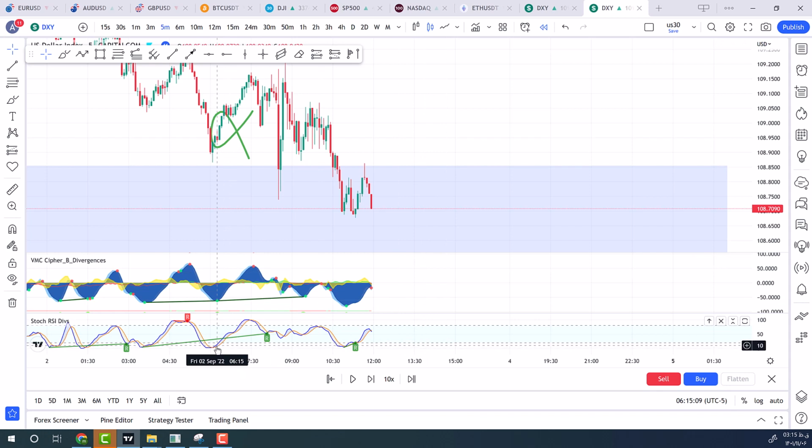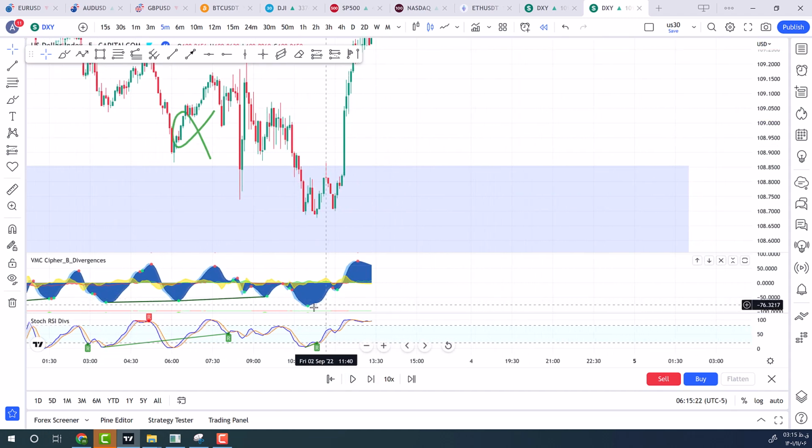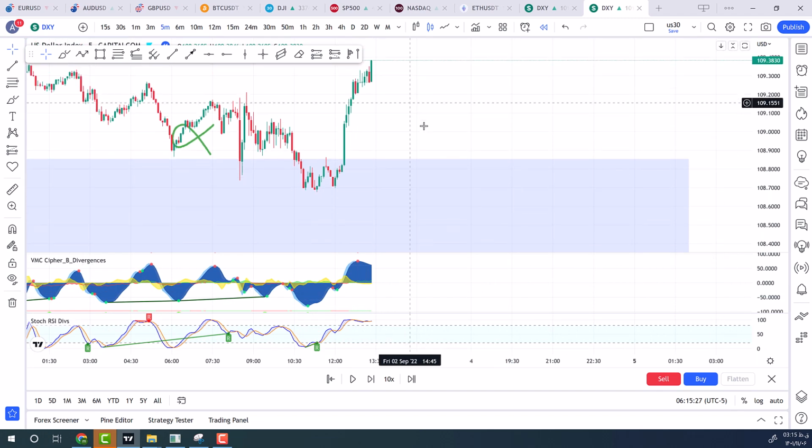It's better for both indicators to show divergences. This stochastic RSI is showing a divergence here to here, but this one isn't showing any kind of divergence, so we wait to see what happens. Do we have a divergence here? No. We can take continuous divergences.